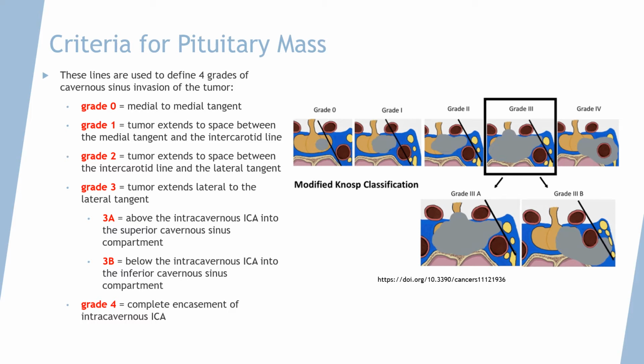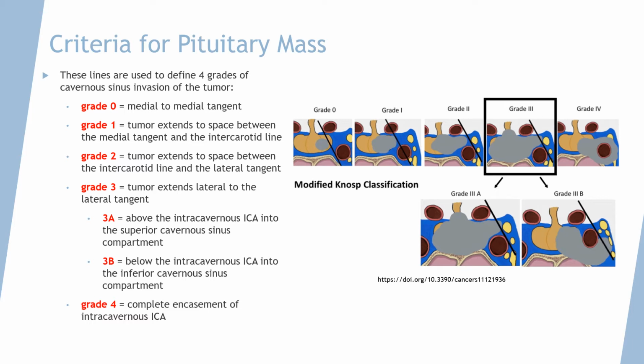So grade 0 is if the tumor is located medial to the medial tangent line. Grade 1 if it's between the medial tangent and the intercarotid line. Grade 2 if it's between the intercarotid line and the lateral tangent. Grade 3 if the tumor extends lateral to the lateral tangent. 3A would be above the intracavernous internal carotid artery into the superior cavernous sinus compartment.